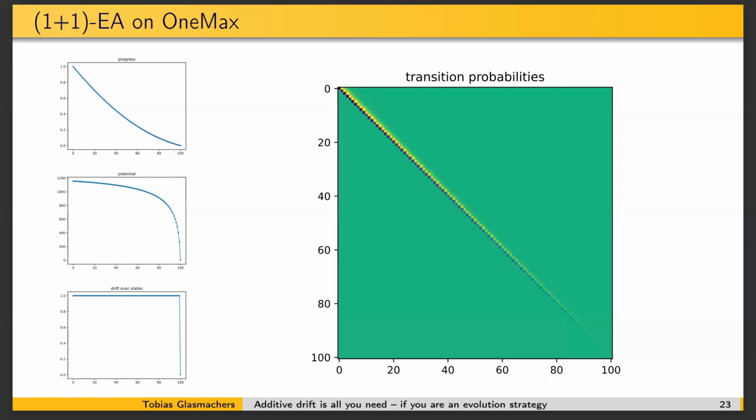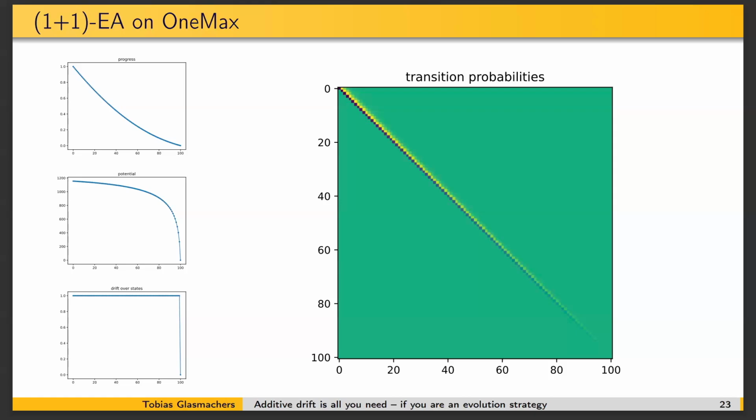And from that information, you can easily compute the expected progress in each state, which you can really reduce to the number of 1 bits. Of course we have 2 to the n different bit strings, but we can reduce it to 101 different states, 0 to 100 one-bits, and basically get this expected progress.